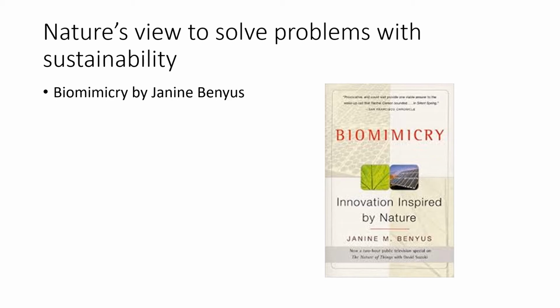If you want to see nature's view to solve problems with sustainability, then one of the books that I can suggest is Biomimicry by Janine Benyus. This is one of the very popular books in biomimicry.